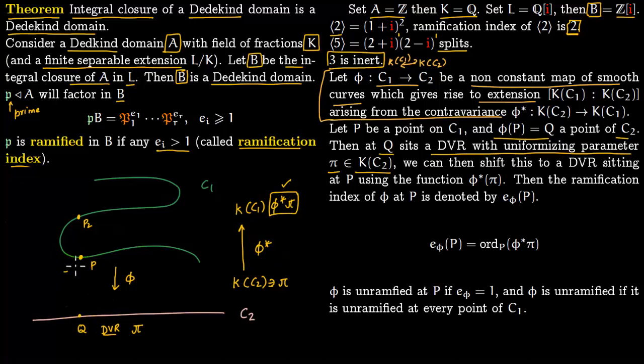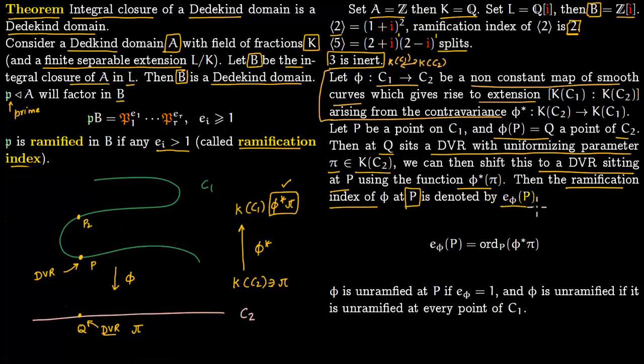So we have a DVR sitting here, and we have a DVR sitting here. What we are saying is you take the uniformizing parameter here, push it here, and then since there is a discrete valuation ring at this point P, you can talk about the order of this element here. So we can shift this to the discrete valuation ring sitting at P using this function, and then we can define the ramification index of phi at point P.